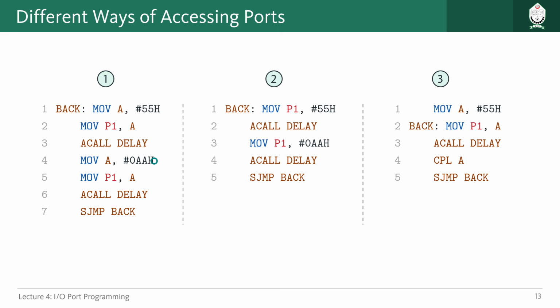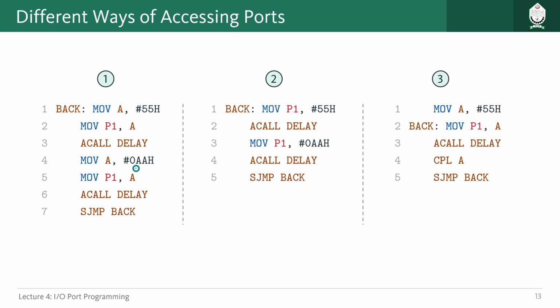So that is what we are doing. We have moved this value, and because this value is stored onto register A, we will just move that onto P1. Then we will have some delay. That delay can be written here even though it's not written here.